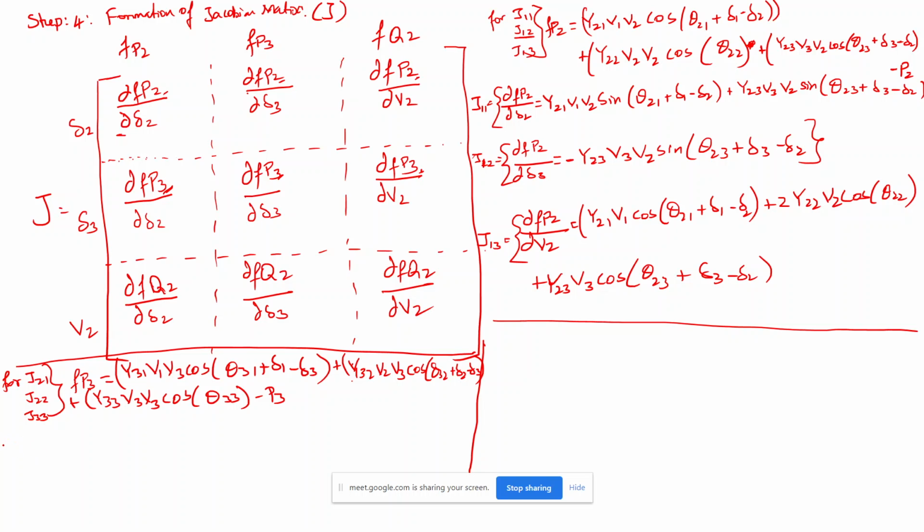So for J21, what is the equation? Tell me. J21 is dou FP3 by dou delta 2, and if you differentiate this, what value will come? Someone tell me.